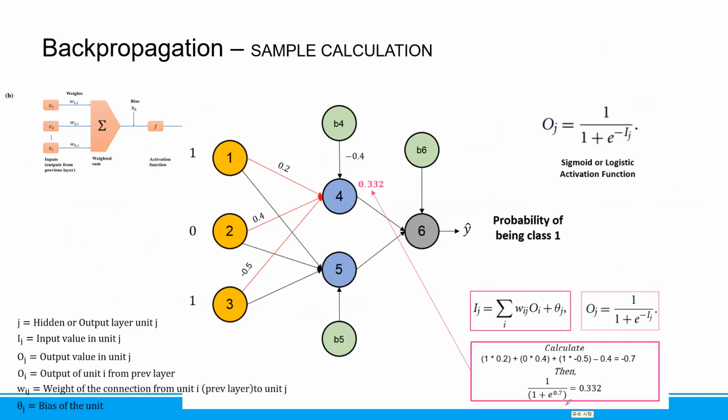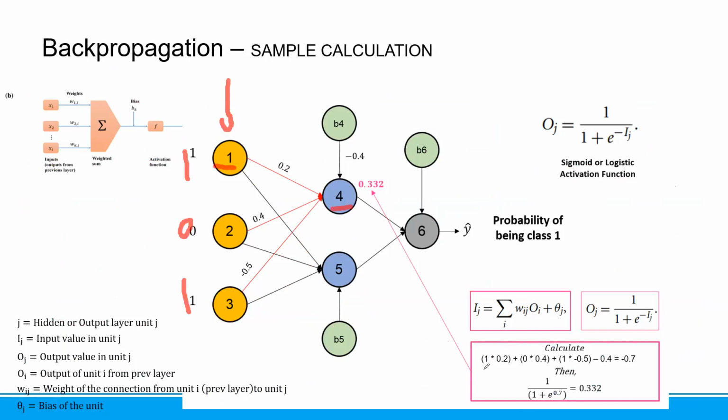So I have these numbers 1, 0, 1, and I can just feed forward. Let's say I'm using the input layer to this node.